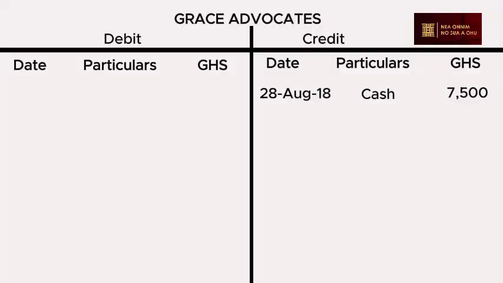Great. Now the very final account. So for the very final account, that will be Grace Advocates, which is a loan account. So on that account, you would realize that there is 7,500 on the credit side, and there is 0 on the debit side. What that means, the deficit is on the debit side. So we'll put it there for 31st August, balance carried forward of 7,500 Ghana cedis.